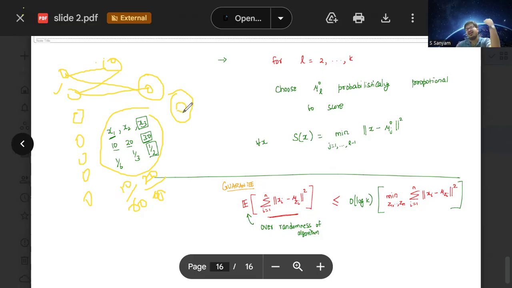After that, next we will try to find the fourth cluster mean. For every data point, suppose this is the data point, the Sx score will be the minimum of these three lines' distances.